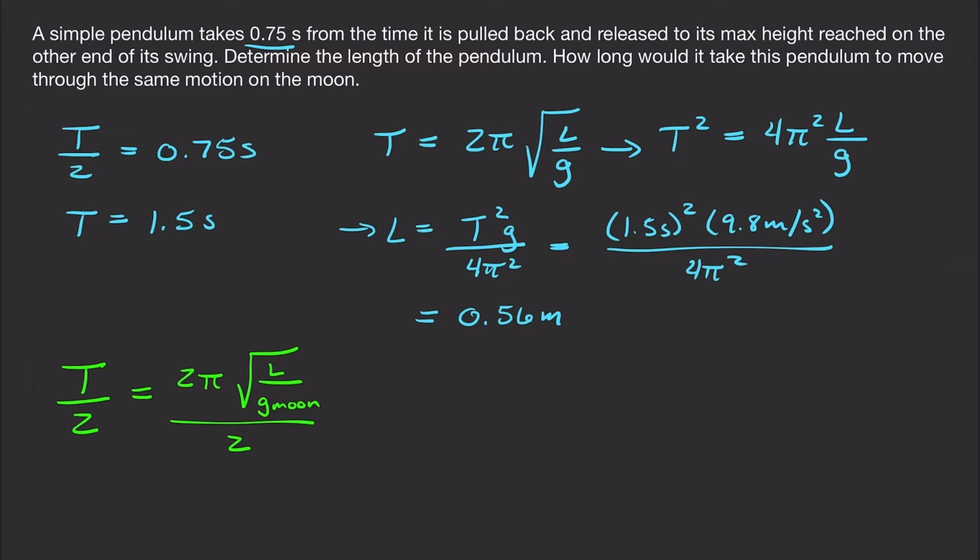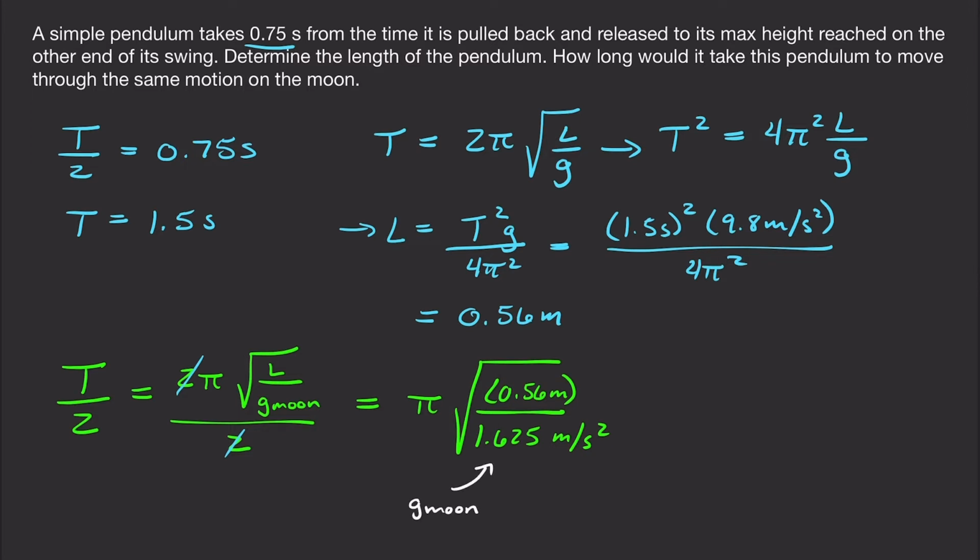We also need to divide by 2, so that's going to lead to these canceling. And then half the period is going to equal pi times the square root of the length, 0.56 meters, divided by 1.625 meters per second squared. So you could just look this up. This is g for the moon, roughly a sixth of what it is on Earth.